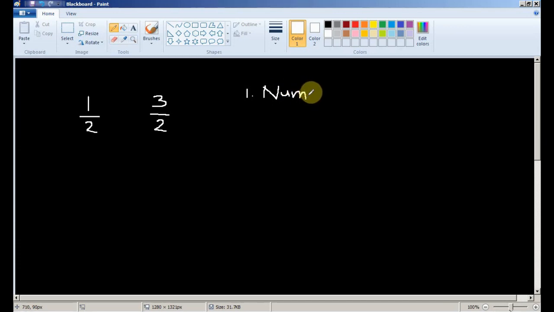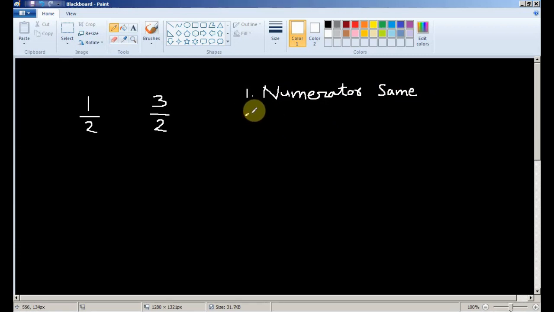Whenever the numerator is the same, you have to compare the denominators, and out of the two, whichever is smaller, that fraction is greater.